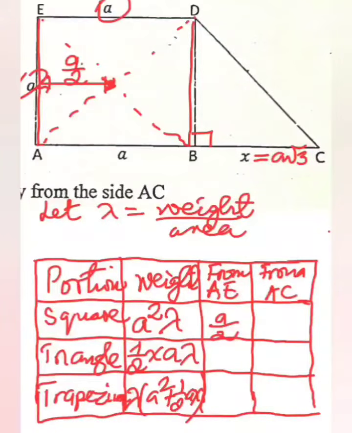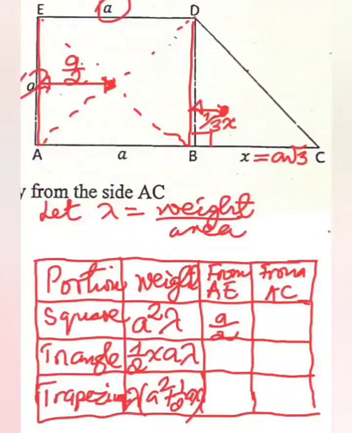I move to the distance of the center of the triangle from AE. The triangle is here and the center is somewhere here. For a right angle triangle, the center of gravity is 1/3 the length of each side from the vertex at the right angle. So I am looking for this horizontal distance first, from the center of the triangle to BD. It should be 1/3 the whole distance from B to C, which is x.